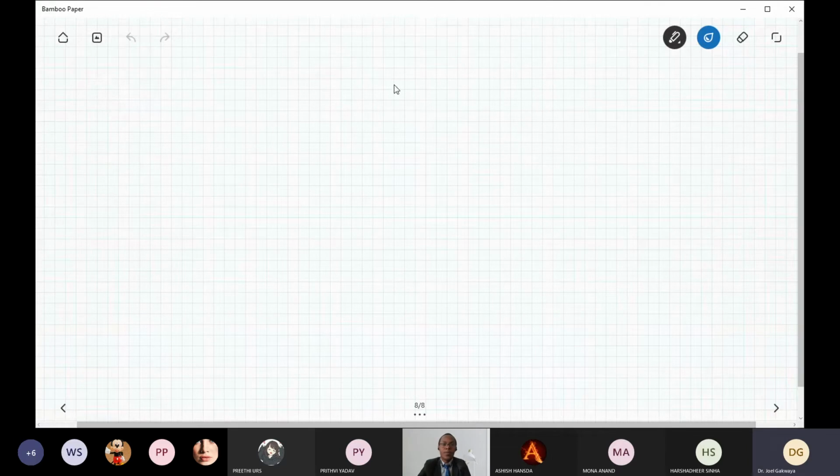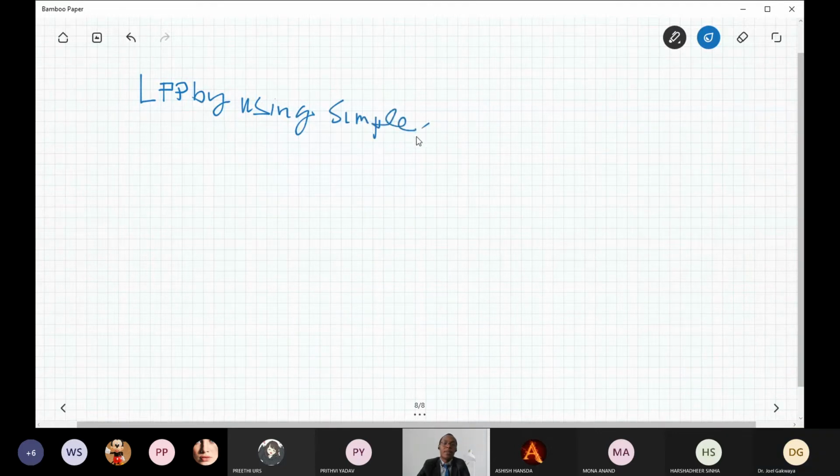So we want to solve an LPP by using the simplex method.